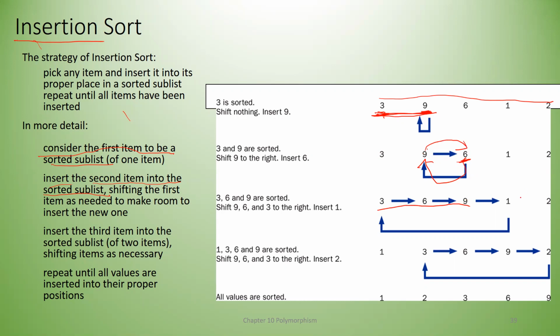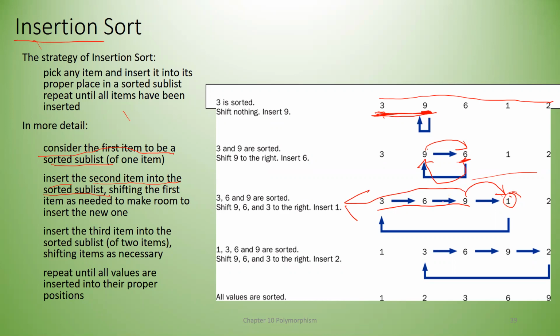Now we look at this one, okay? 1 compared to the sorted list, the last element of the sorted list. So basically, when you do comparisons, you're going this way, really. When you go through the whole list, you go that way. So you compare 1 with 9. 9 is greater, so you shift 9 here.